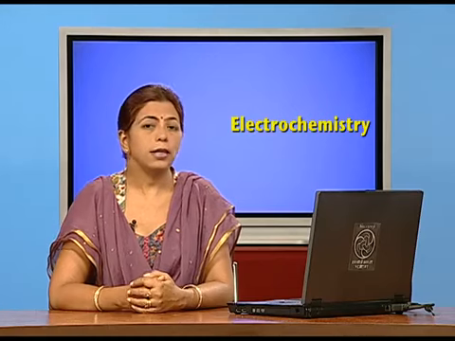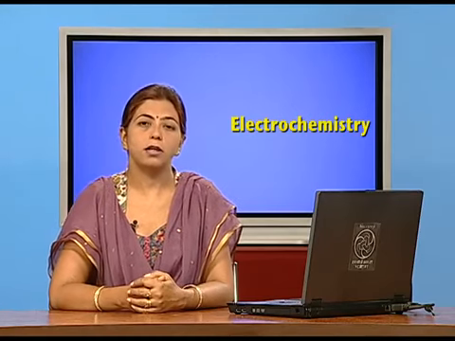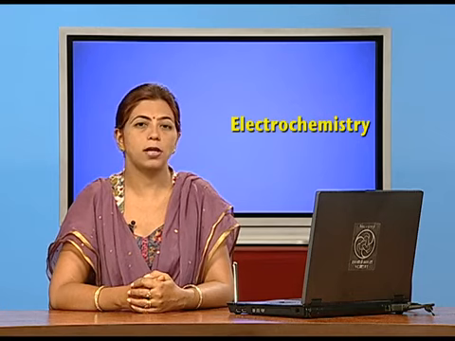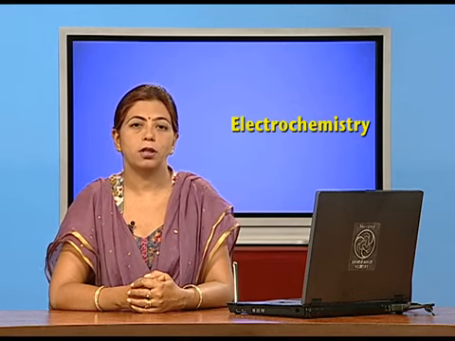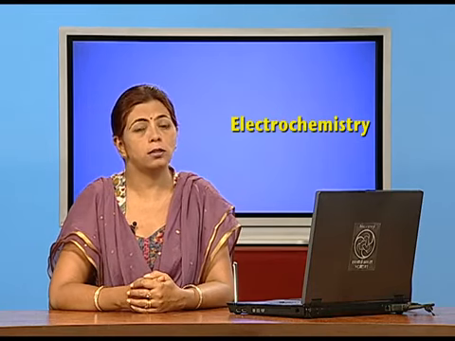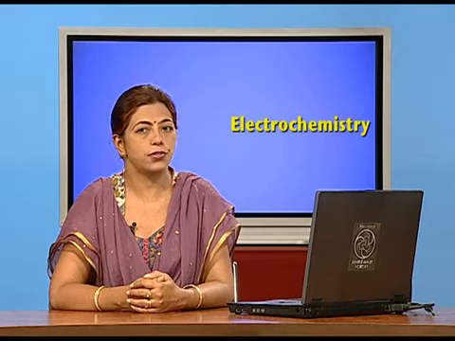Let me explain the working of an electrochemical cell in detail. In an electrochemical cell, there are two half cells, also known as the redox couple. One is the reduction half cell and the other is the oxidation half cell.